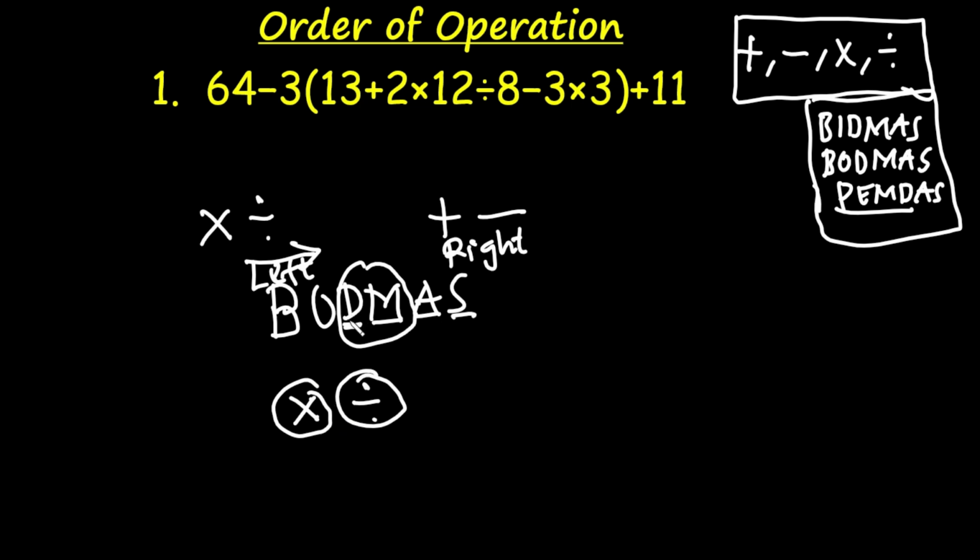Let's say the question is something like this: negative 2 times 4 divided by 6. As you can see, the multiplication sign comes before the division sign. If you go and solve the division first, you get it wrong.